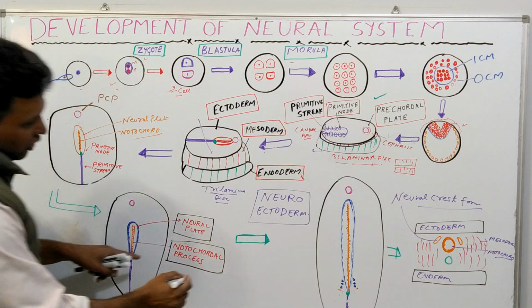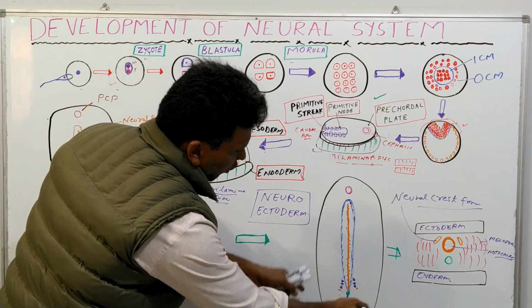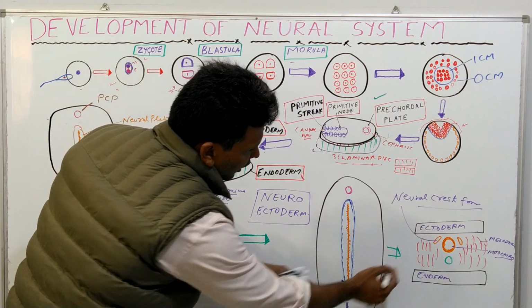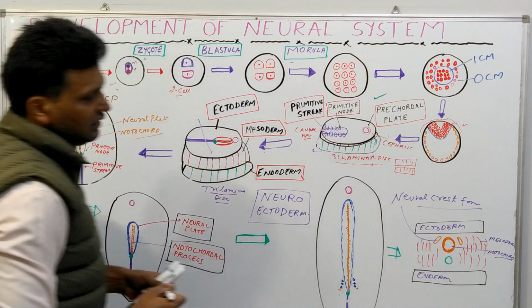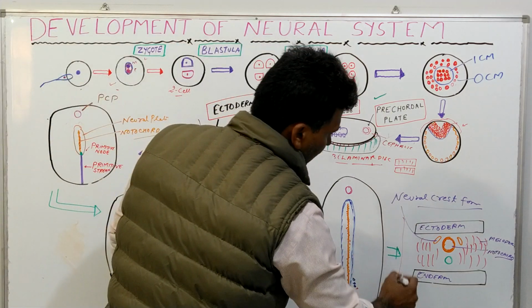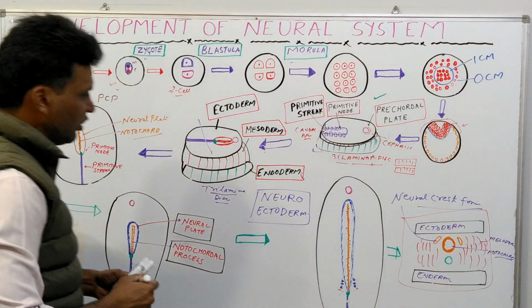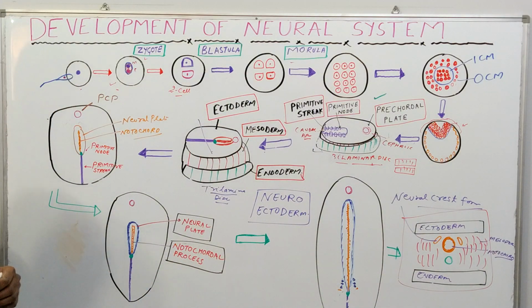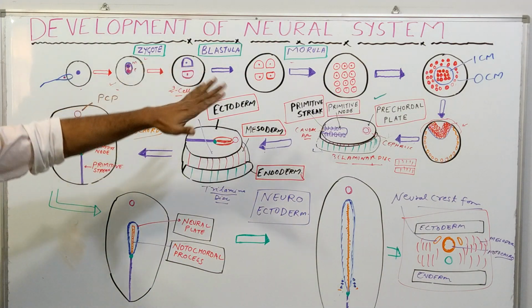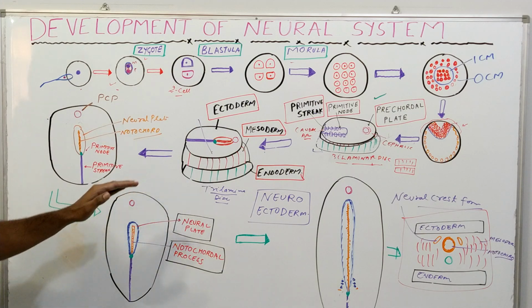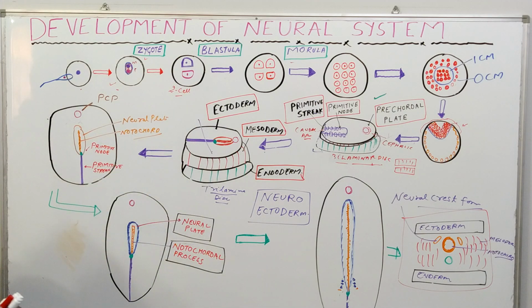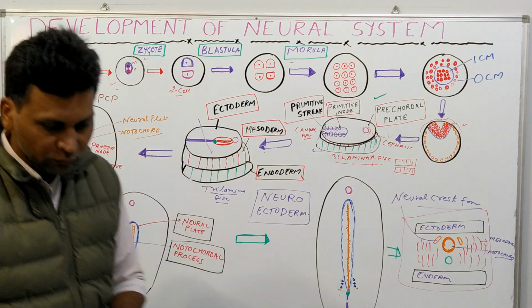Some cells are detached and fall adjacent to the notochord, and these cells are called neural crest cells. So this is your diagrammatic representation. By this we can say the development of the neural system takes place by the primitive node and by the primitive streak.